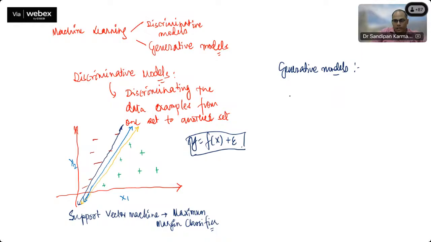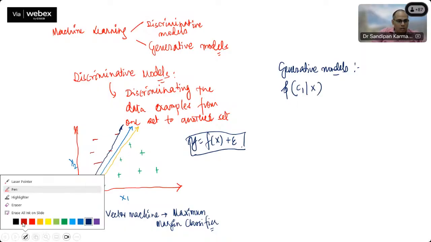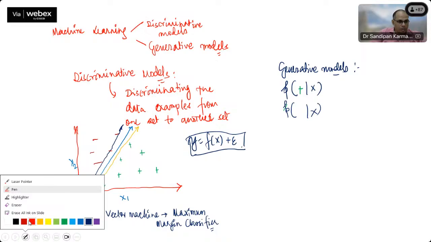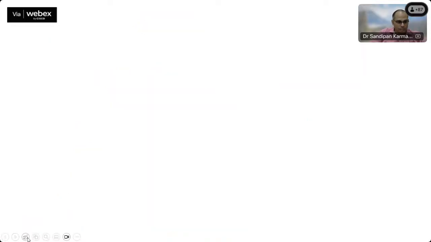generative models are actually talking about what is the probability of class 1 given x. Suppose I am asking what is the probability of the positive class given x, and what is the probability of the negative class given x.